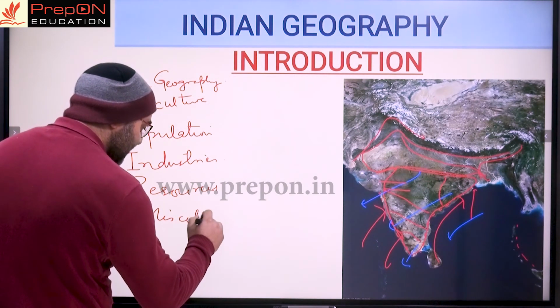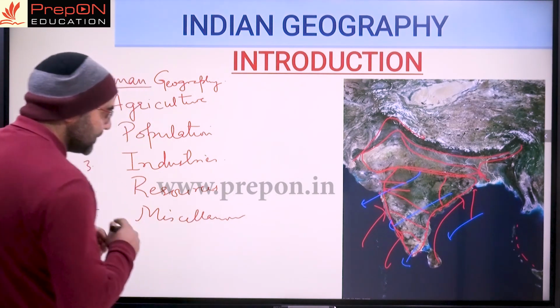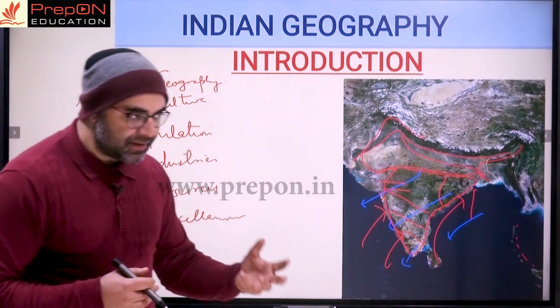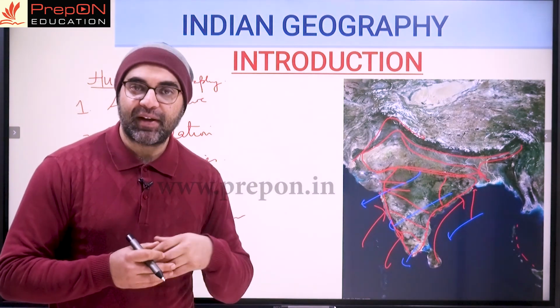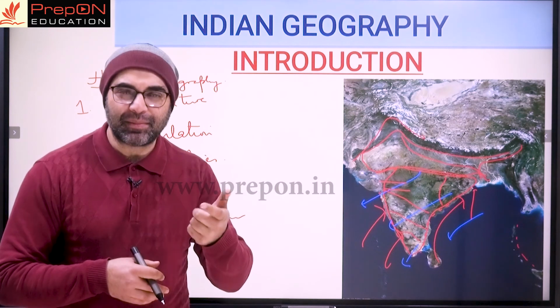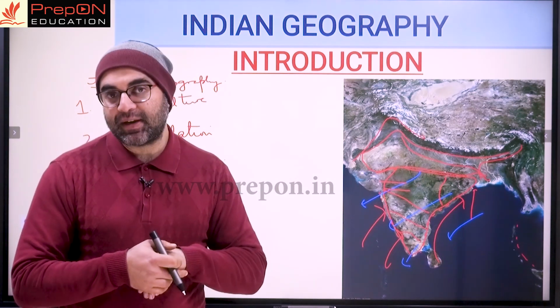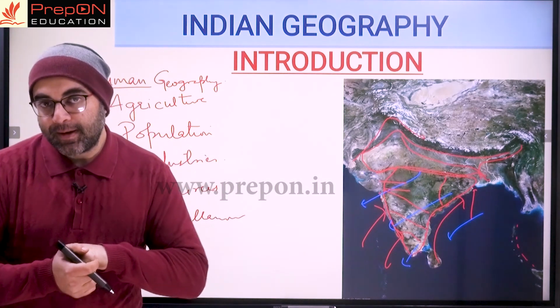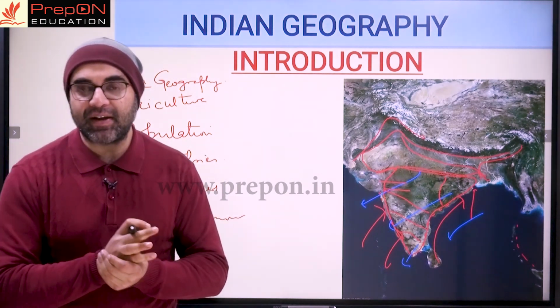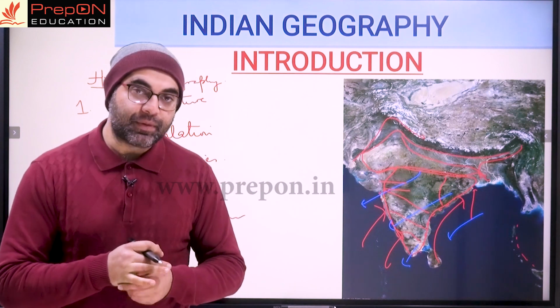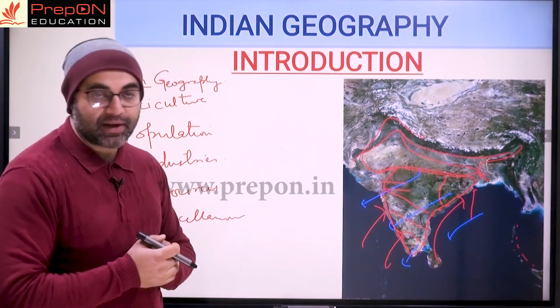Miscellaneous because maybe there is something in the news, some topics come in the news like climate change impacting some part of agriculture or industries or something of that sort. So we will also be having a discussion on that towards the end, like maybe a summary of current events. So this would be the Indian geography that we are looking at.